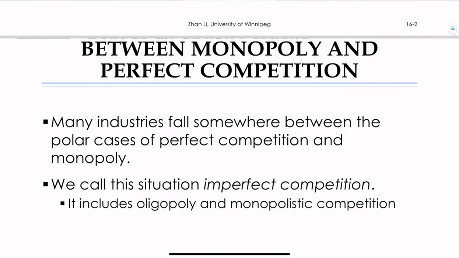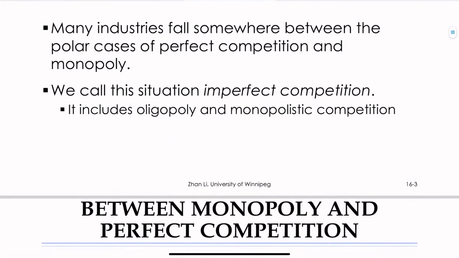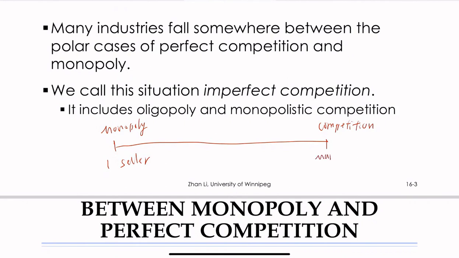So if you think about the scale of this thing, for monopoly, you're really looking at a very extreme case, right? Because you have only one seller. And for perfect competition, you're looking at the other side of the extreme case. That is, you have many sellers.